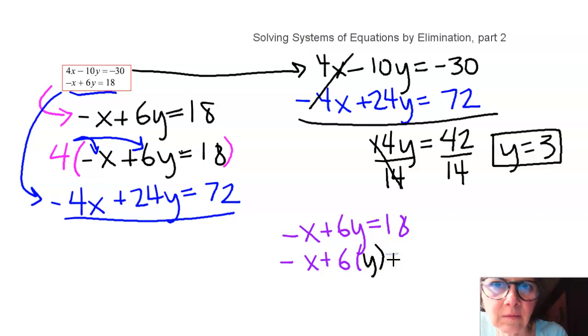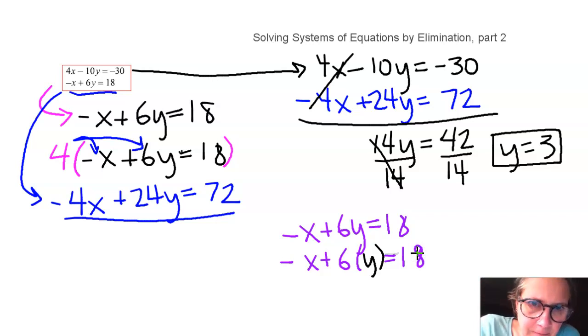I did that wrong. This needs to be a 3. Hopefully you caught what I just did.